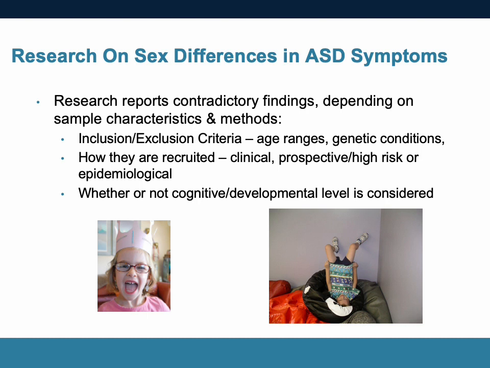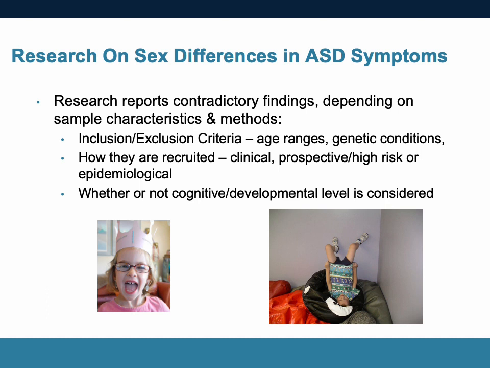Well, when you look at the research on sex differences, what you'll find is that we have a lot of contradictory findings. And the short story is that those findings are probably different because researchers have been examining different groups of children recruited in different ways and have used different methods to evaluate them.